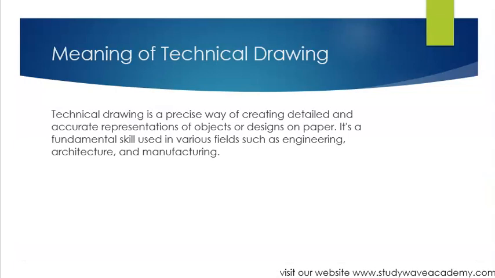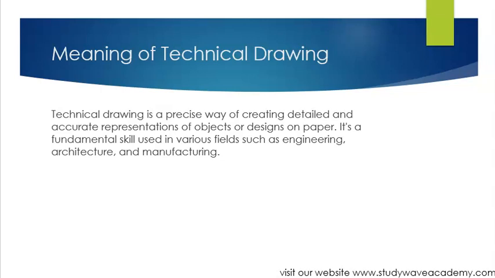Meaning of technical drawing. Technical drawing is a precise way of creating detailed and accurate representations of objects or designs on paper. It's a fundamental skill used in various fields such as engineering, architecture, and manufacturing.